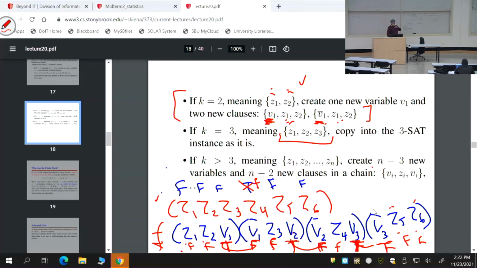If you could solve 3-SAT quickly, you could take any satisfiability problem, use this translation to create clauses of size 3, and then solve it quickly.